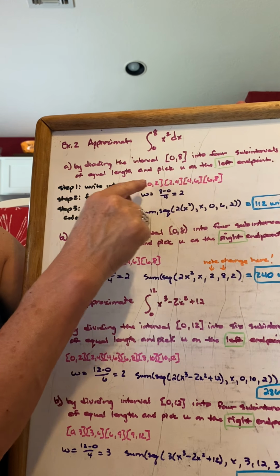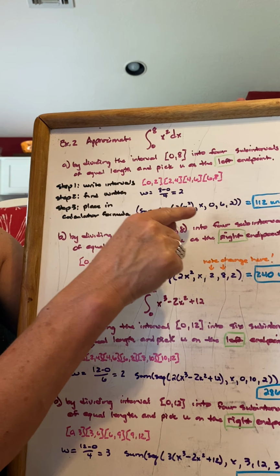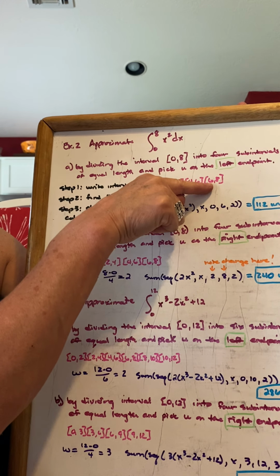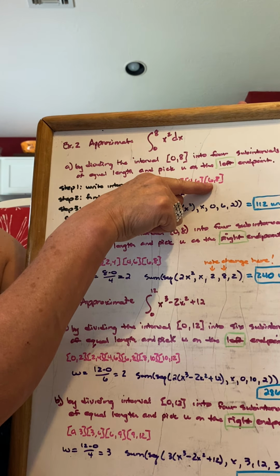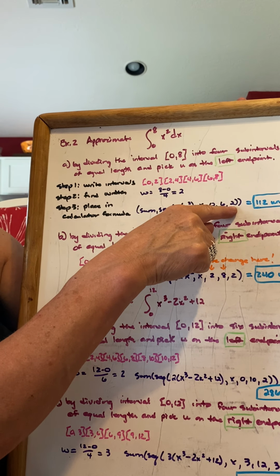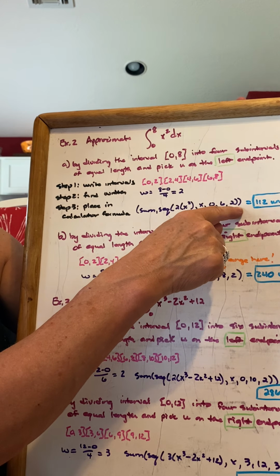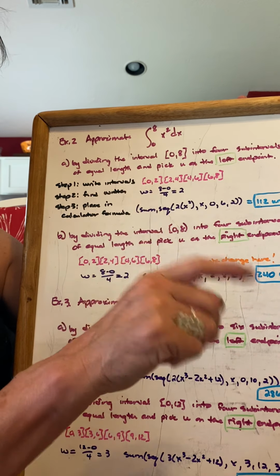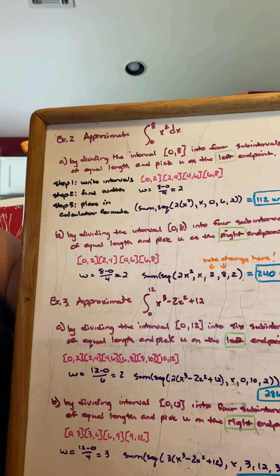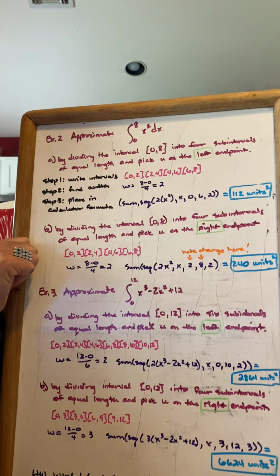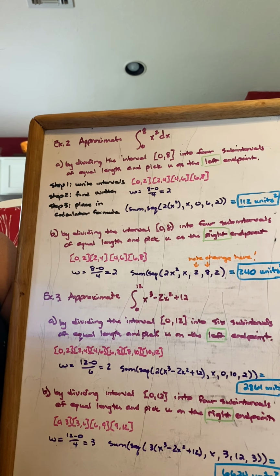Now this is from the left, and the leftmost was 0, 6, because the left number on the last interval was 6, comma, 2, because that's the W or the width. Unparentheses. If you stick that in your calculator, hit enter, you should get 112 units squared. Note you should always have labels of units squared because we are talking area again.